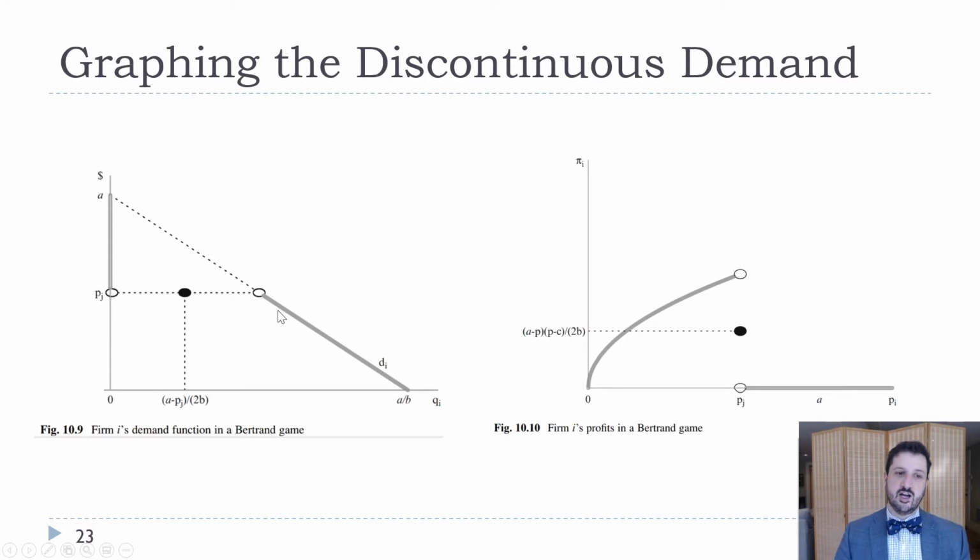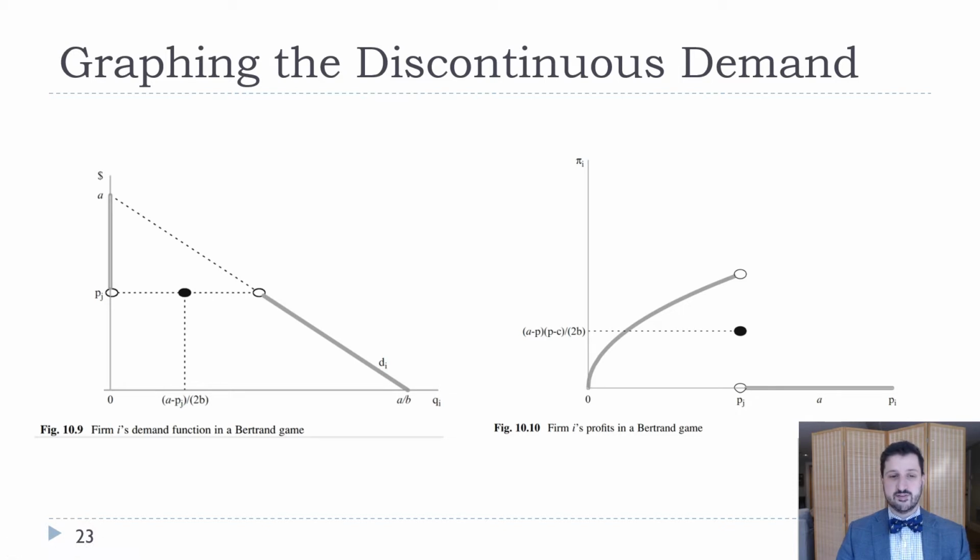We can see this discontinuity where demand is zero until I get to your price, and then I have a downward sloping demand curve. And so our profit is going to be increasing. It's a normal profit until I get to your price, and then everybody buys from you if I have a higher price, and so I have no profit. So this is a complication in terms of the calculus.